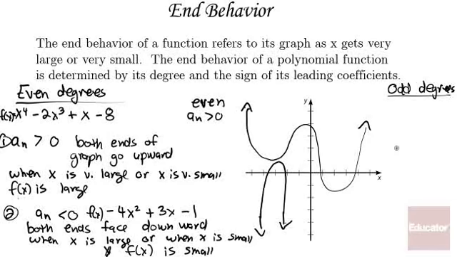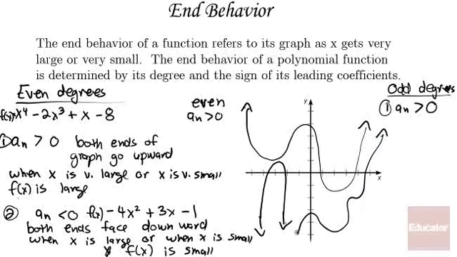Now, if you have a polynomial with an odd degree, again, we have two possibilities. If I have a polynomial that has an odd degree and the leading coefficient is positive, a is greater than 0, then what I'm going to have is a graph that goes up to the right.